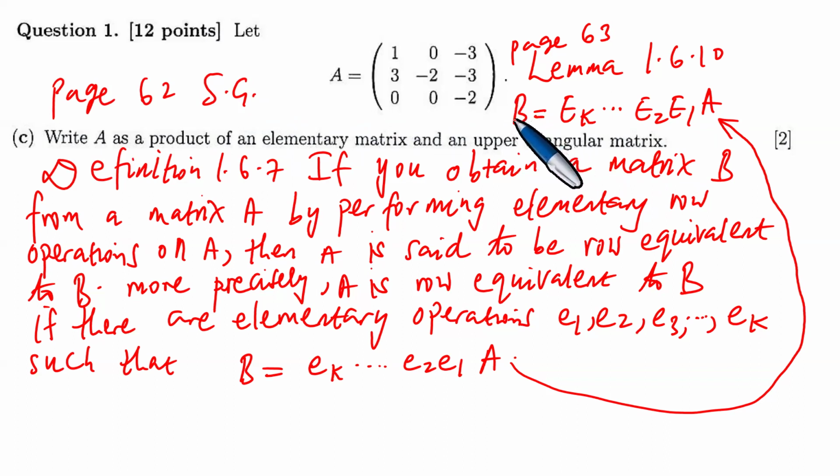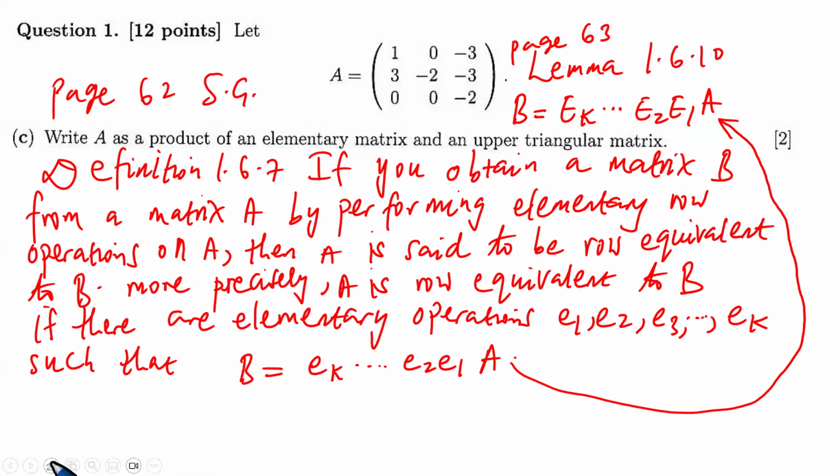So it's not equal to A. But in the exam, they say, write A as a product of elementary matrices. So if they say write A, what is A going to be? A is going to be B with the inverses.